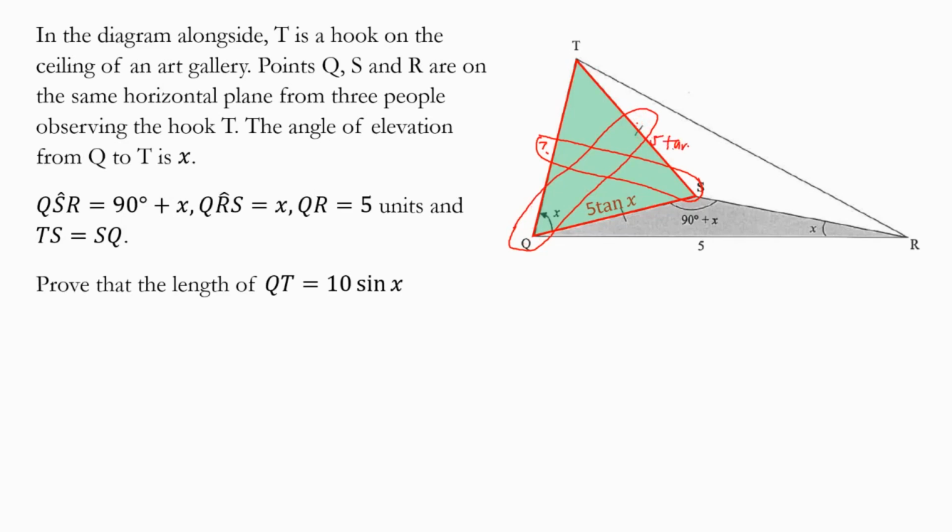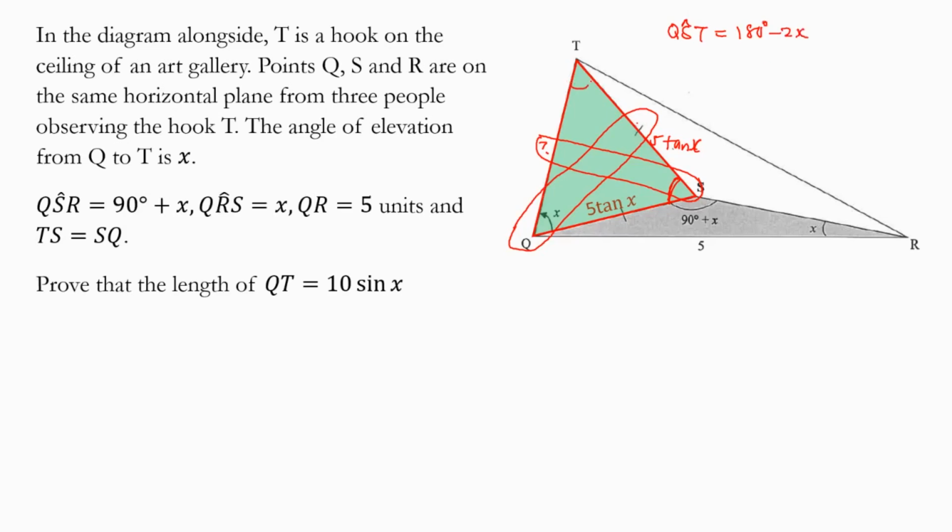Right, we can find this angle here because we know TS is equal to SQ. So we can say that angle QST is equal to 180 degrees minus 2x. Why am I saying that?